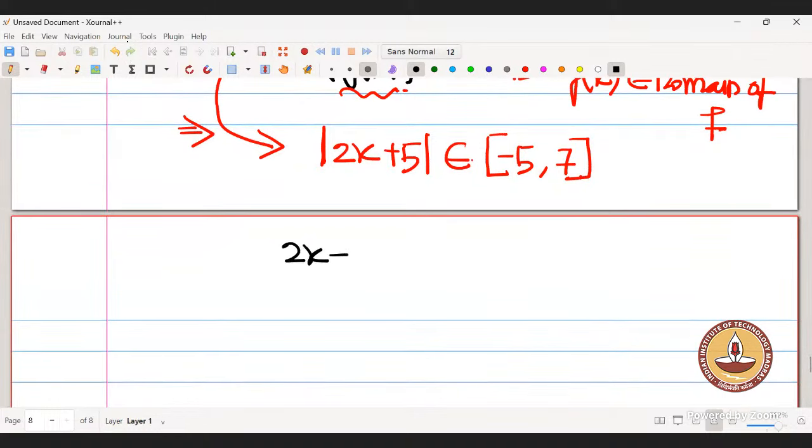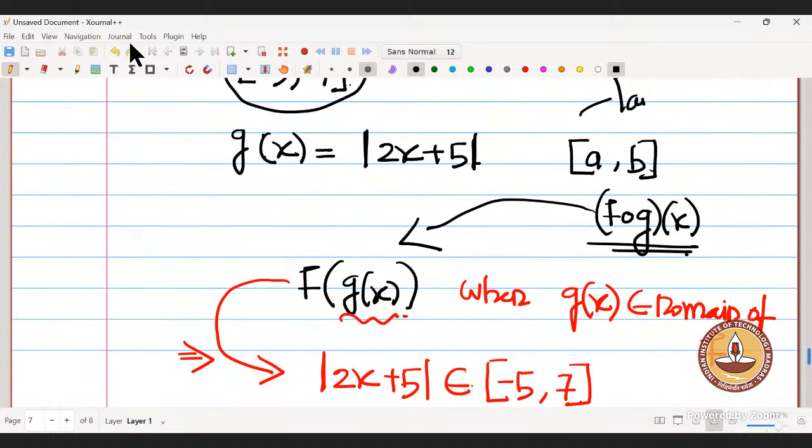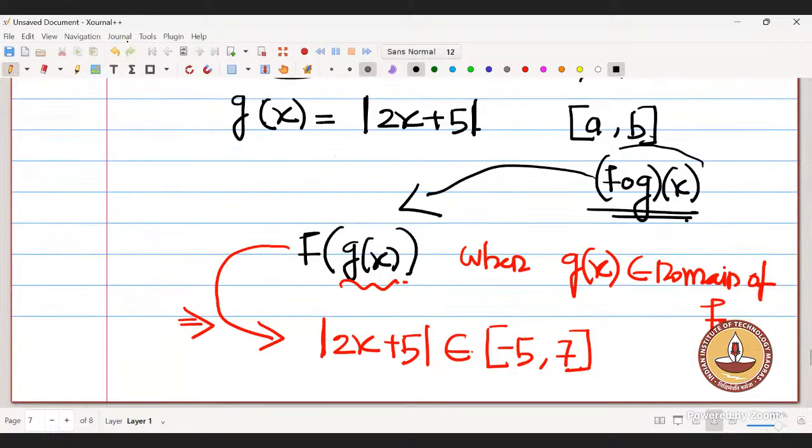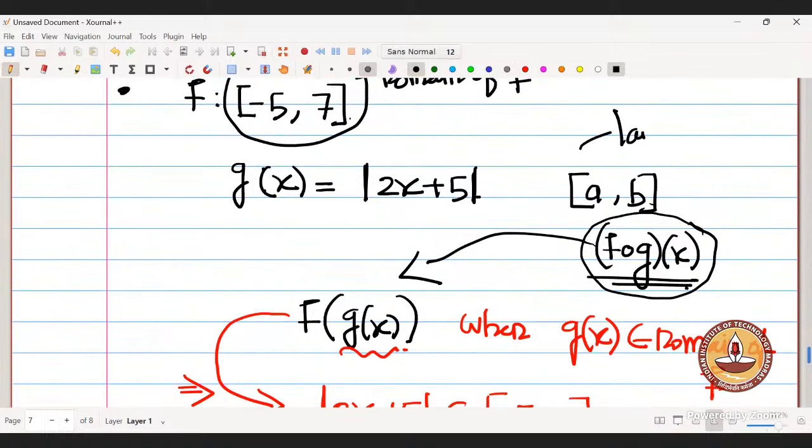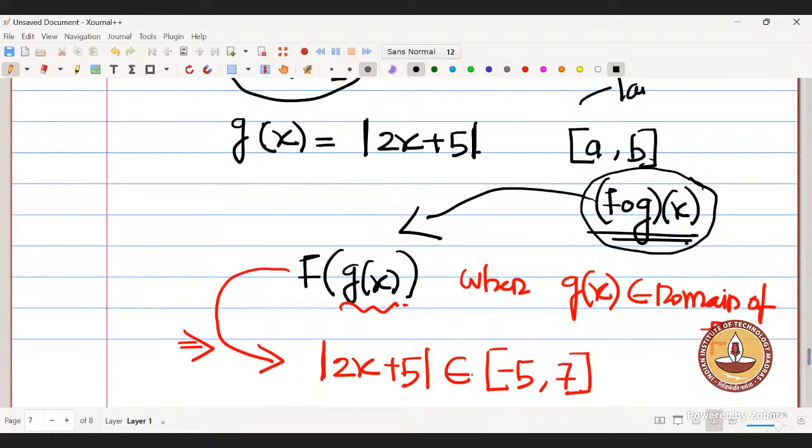What are a and b in the question, sir? You need to find the domain of this composite function f compose g. So basically, you are trying to find all such x in the real line for which f compose g of x makes sense.